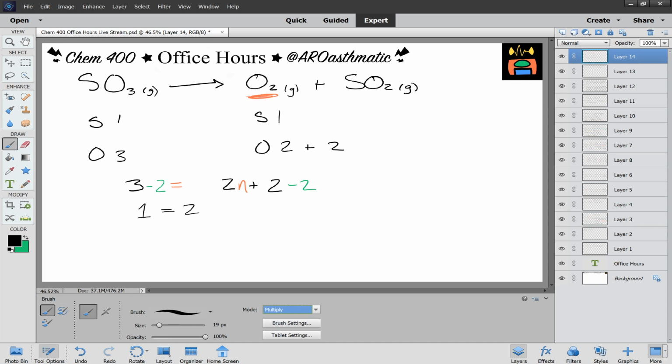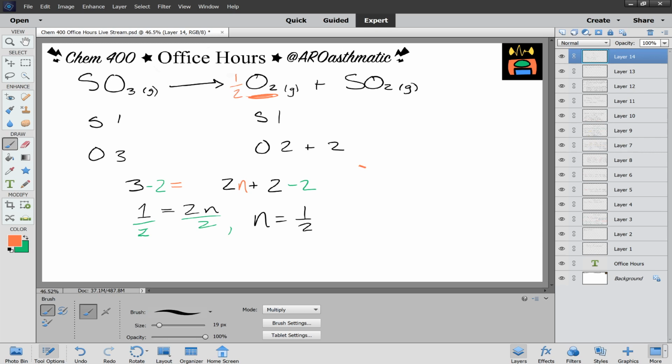We get 1 is equal to 2 times n. And then we divide both sides by 2. The number we need to multiply by is 1/2. And when we do that, you'll notice, whoa! You'll notice Photoshop doing weird stuff. Okay.